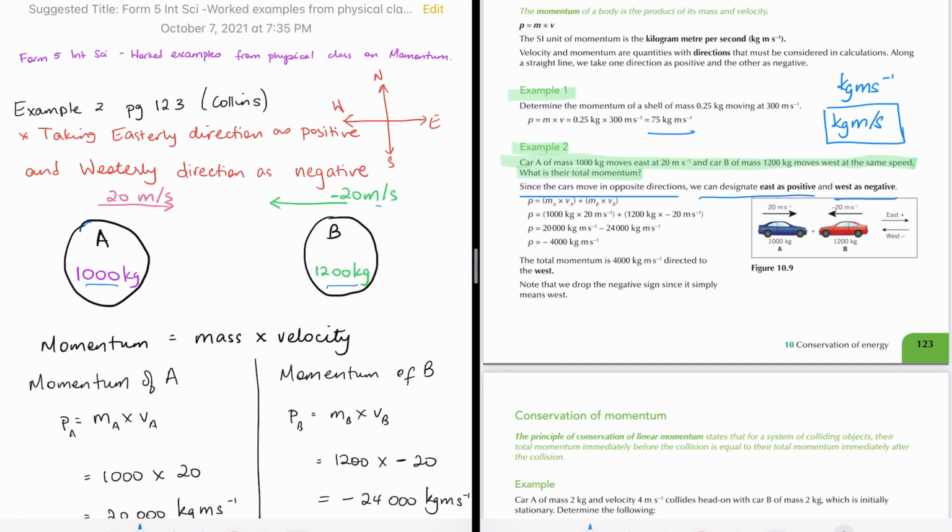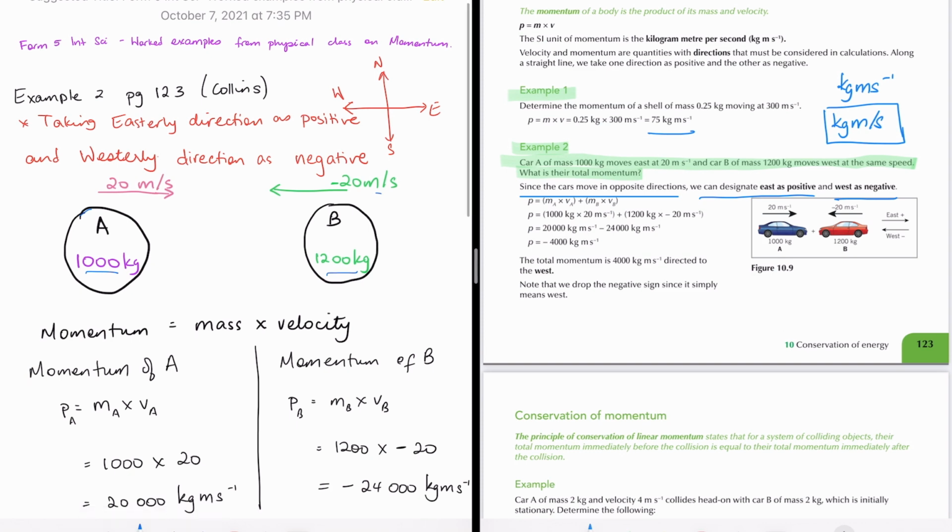I am putting that as negative 20 meters per second. Why negative? Because it is opposite my direction that is positive. Anything heading to the west is going to have a negative value, and anything heading to the right is going to be a positive value. So total momentum is really the net momentum when I add the two of them together.